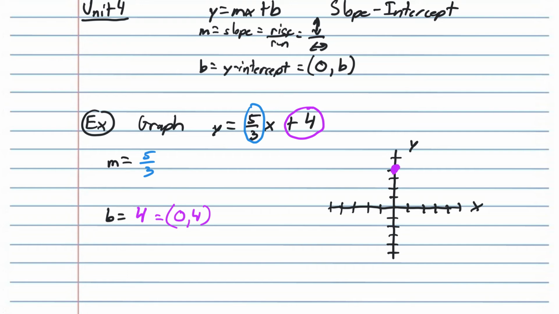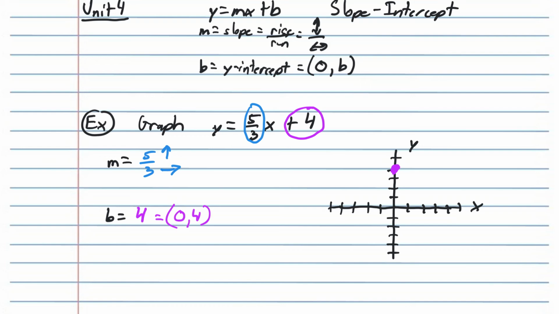So that's our starting point. Okay, and then our m is telling us how to move to our next point, because we only need 2 points to be able to draw a line. Okay, so the top number is a positive 5, so that would say to go up 5 spaces. The bottom number is also a positive 3, so that's saying go right 3 spaces.